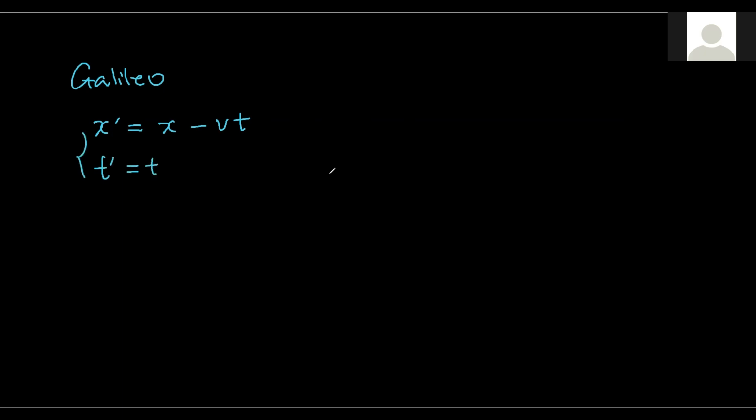So if the object is moving at the velocity u, then for different observers, the velocity will be different.